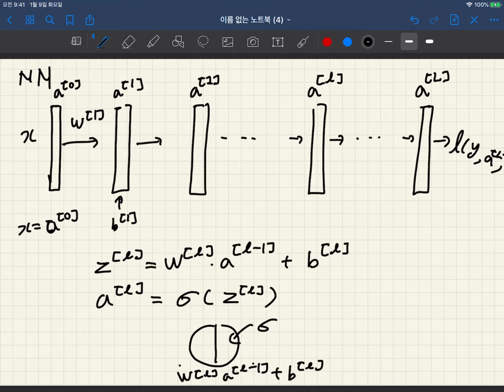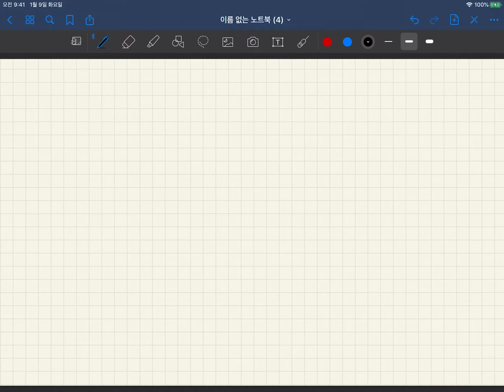So this is the notations and definition of neural networks. Maybe you already know this from the Stanford 231N lecture. Okay. So here the depth is capital L.